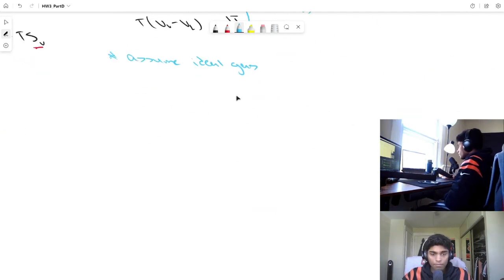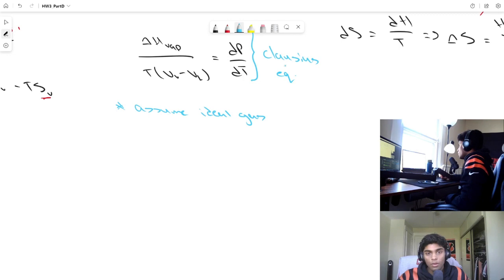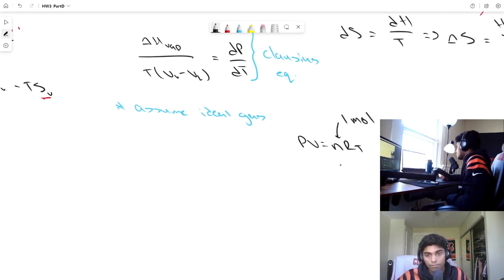Let's go on and get the last part of this derived out. So with our ideal gas law, we know that PV equals nRT, and thus, if we wanted to solve for T, we're going to assume 1 mole of it.